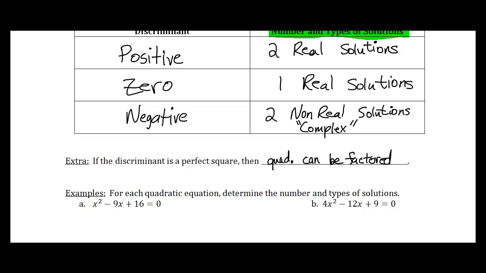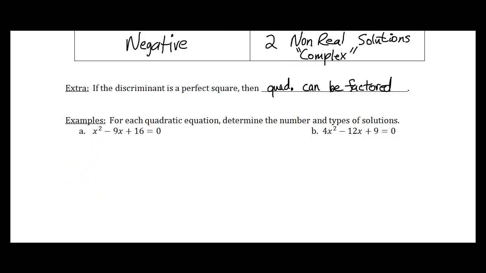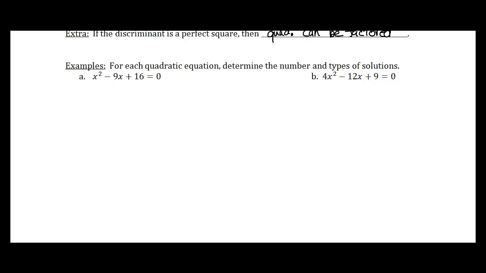All right? Let's look at some examples where we actually figure out the number and types of solutions for a quadratic. All right? Part A, we have x squared minus 9x plus 16 equals 0. All right? Well, if I want to just find the number and types of solutions without actually doing the whole problem, then all I'm going to do is look at b squared minus 4ac. Okay, well, b is negative 9, a is 1, c is 16, right?